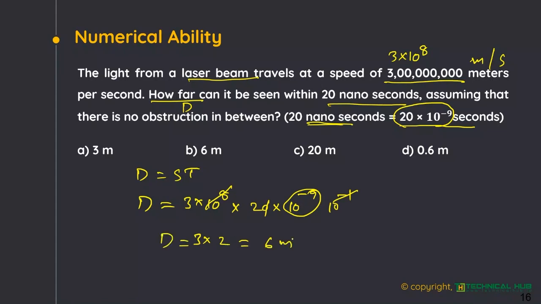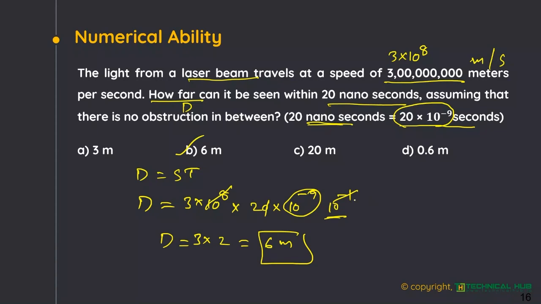Please be aware of 6 meters and 0.6 meters. Even a small digit, a small power of 10, changes the value. Here all the 10 powers are cancelled.